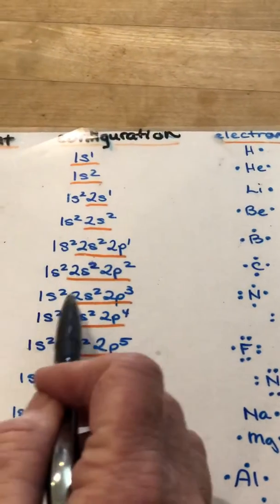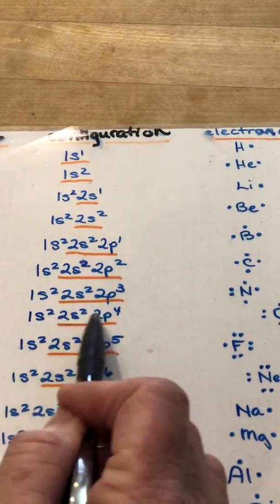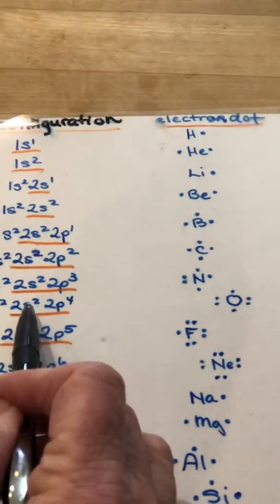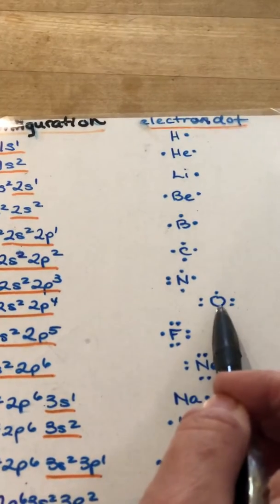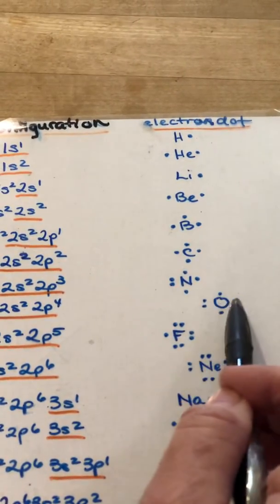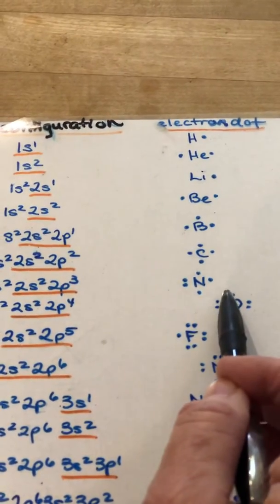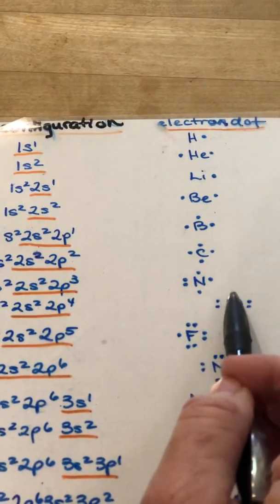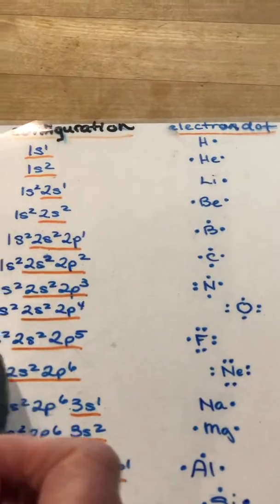With oxygen's 6 valence electrons, its whole configuration is 1s2, 2s2, 2p4. These, the 2 and the 4, are valence electrons. Oxygen goes 1, 2, 3, 4, and then 5 and 6. I could have put the pairs above. I could have put them next to each other. I tend to just like them to be symmetric.